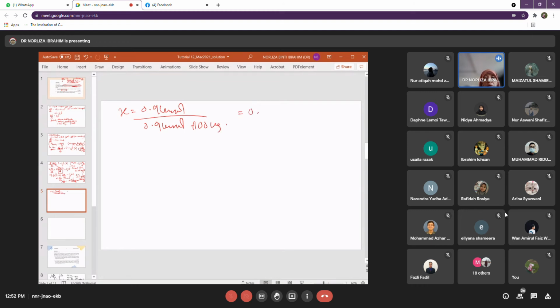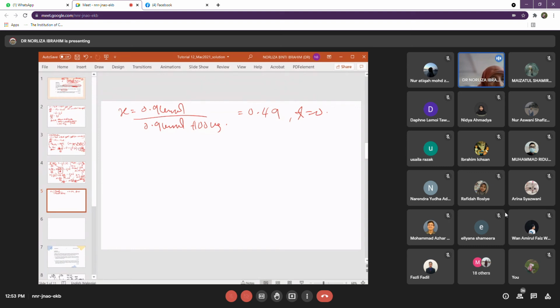So from here you get 0.49. Okay, 0.49. That is at t0. So your fraction at t0 is 0.49.